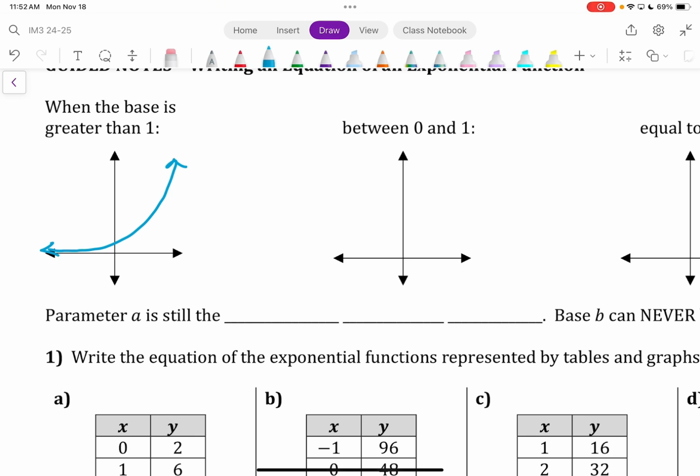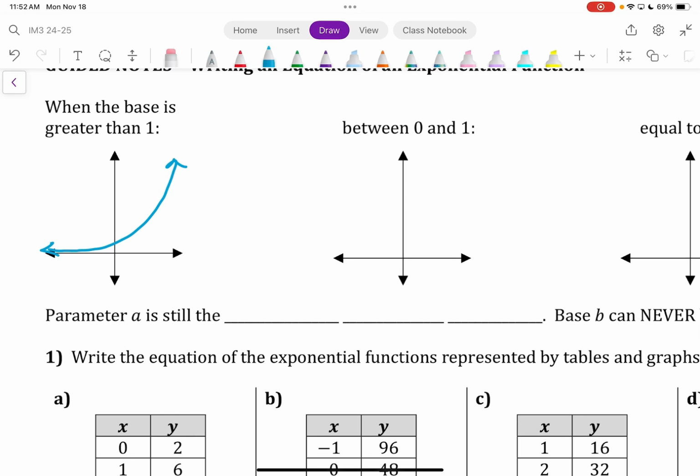My graph is not allowed to cross the x-axis because I cannot have any negative outputs, right? It is not possible to get a negative output. This is what we just discussed with Desmos, because any number multiplied by itself any number of times will always be positive, unless there's a shift. So when the base is greater than 1, we get a traditional exponential function that looks like this.